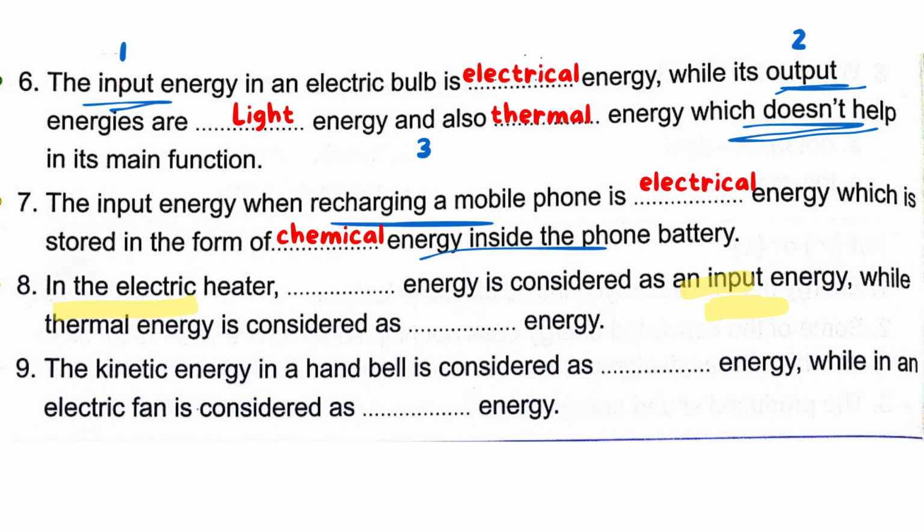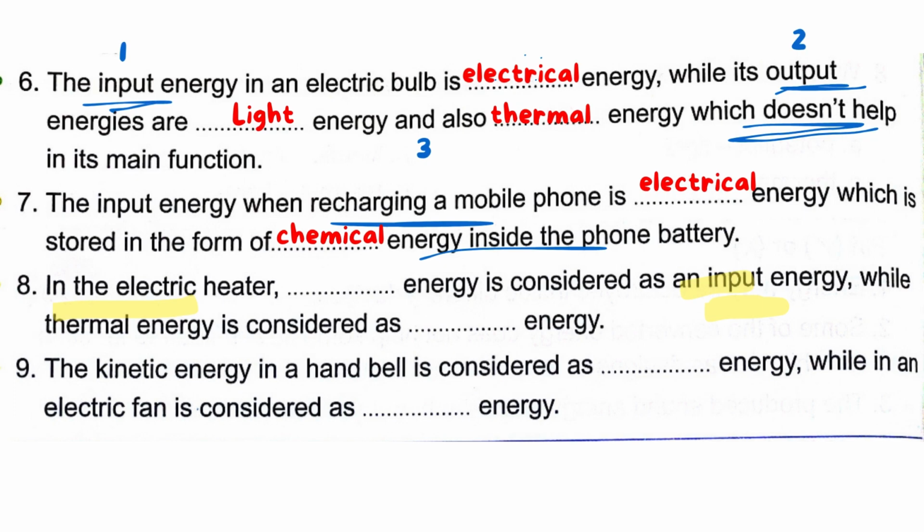Here is another question. In the electric heater, what energy is considered as an input energy? While thermal energy is considered as what energy? So the energy that is considered input energy in the electric heater, it is clear that it is what?